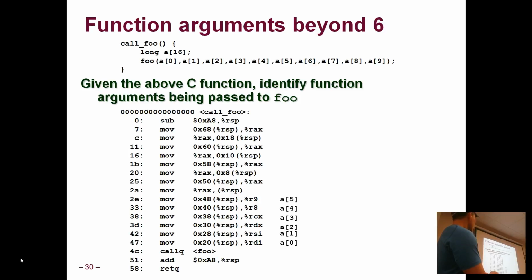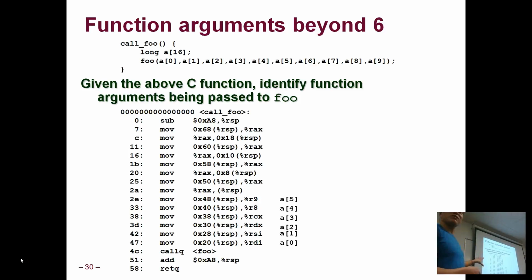So A of 6 is at hex 50. These two instructions move A of 6 into RAX, and then move RAX to 0(RSP). This is putting it at the top of the stack, and then building upwards. So top of the stack, and then the next one in, and the next one in. This is building your function arguments on the stack.